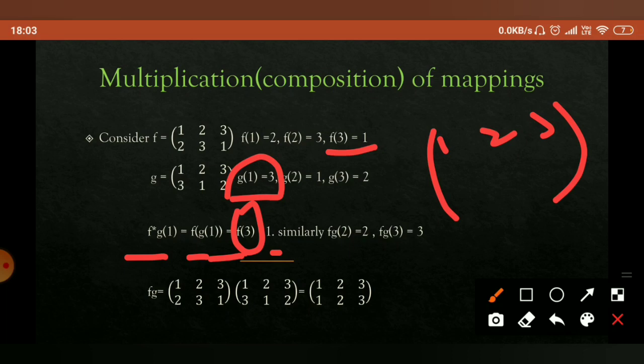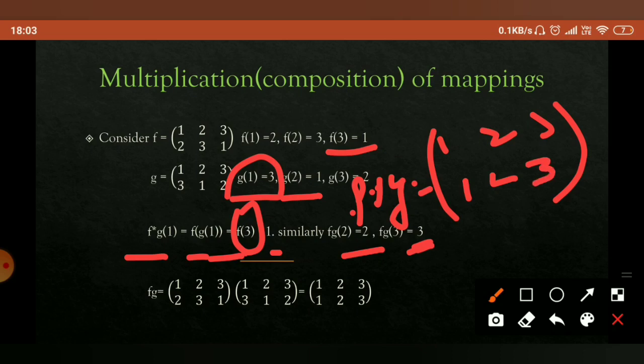So ultimately we get that the image of 1 is 1 under F star G, right? Similarly, for the image of 2, first we see the image of 2 under G. Under G, the image of 2 is 1, and what is the image of 1 under F? It is 2. So FG of 2 is 2. Similarly, we can see the image of 3 is 3 under the composition of these two mappings.